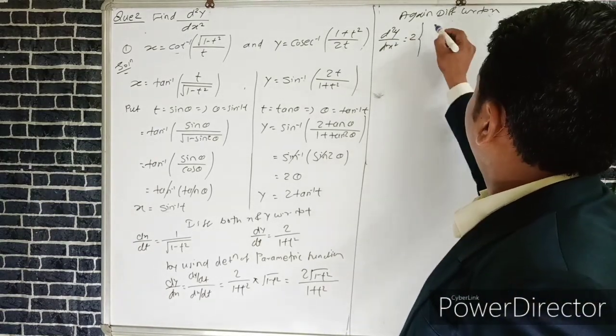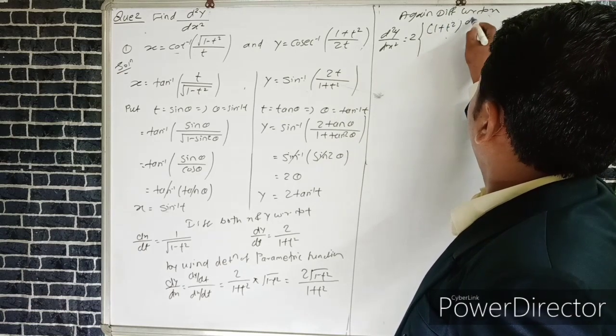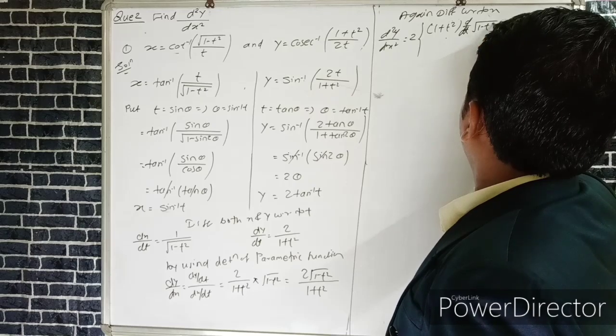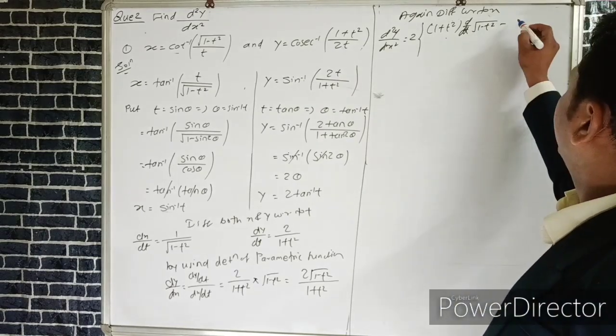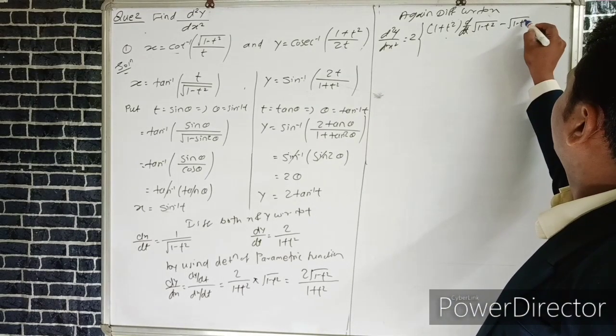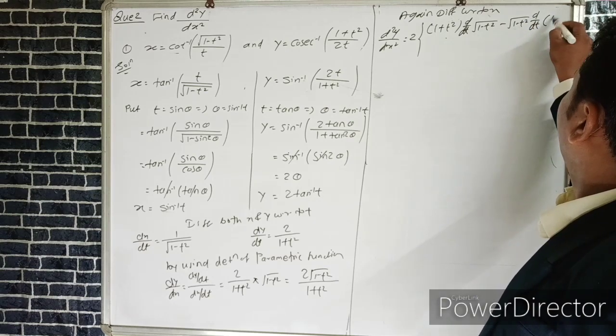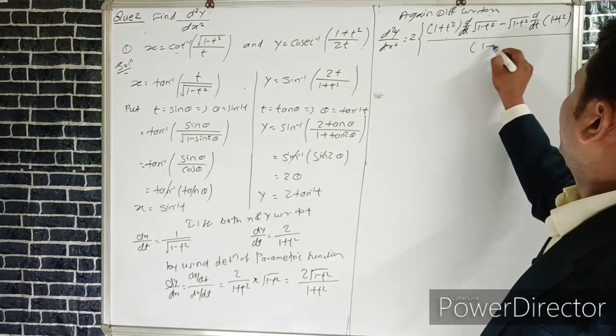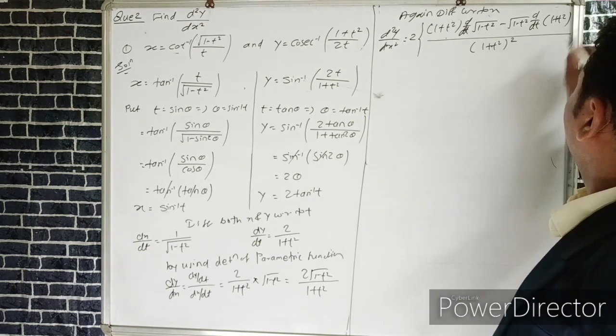We can write it as 1 plus t square into the derivative of under root of 1 minus t square, minus under root of 1 minus t square into the derivative of 1 plus t square, upon 1 plus t square whole square.